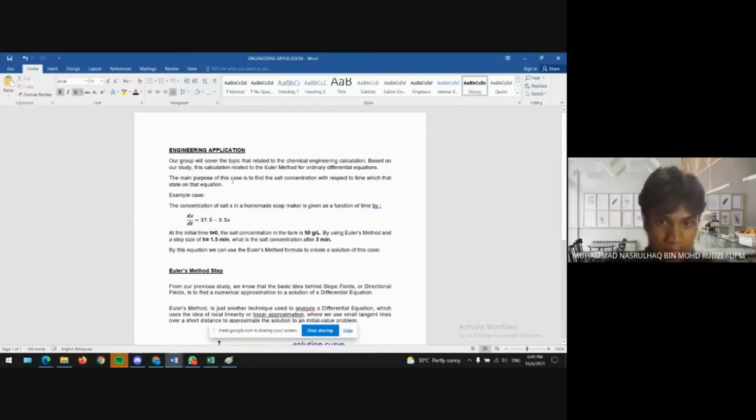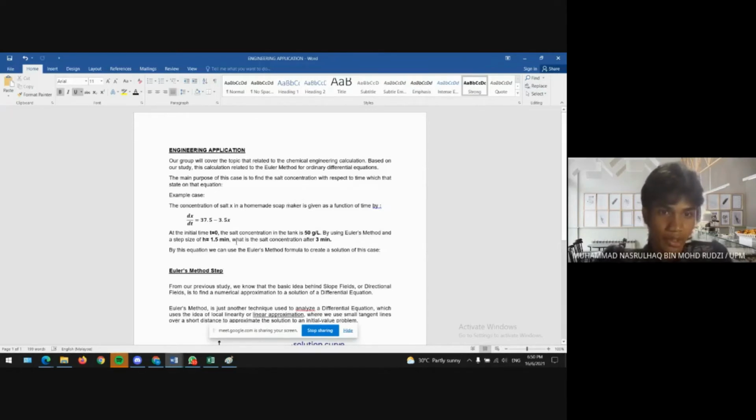For my part, I will cover the engineering application that we researched for this topic. Our group will cover a topic related to chemical engineering calculation. Based on our study, this calculation is related to the Euler method for ordinary differential equations.